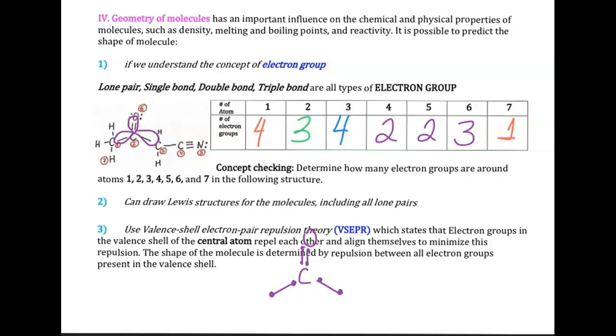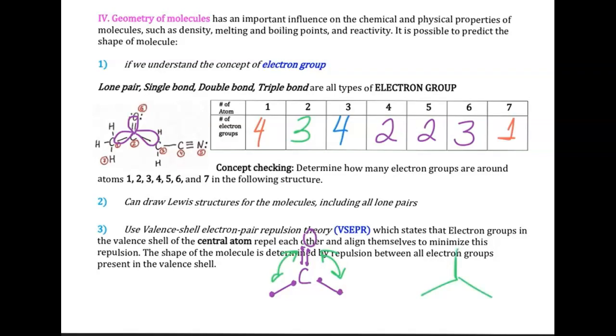So in order to stay as far from each other as possible, they are going to assume this trigonal planar shape, right? They are not going to be like this, close to each other, because that would create a lot of repulsion between them. And there is also empty space here.